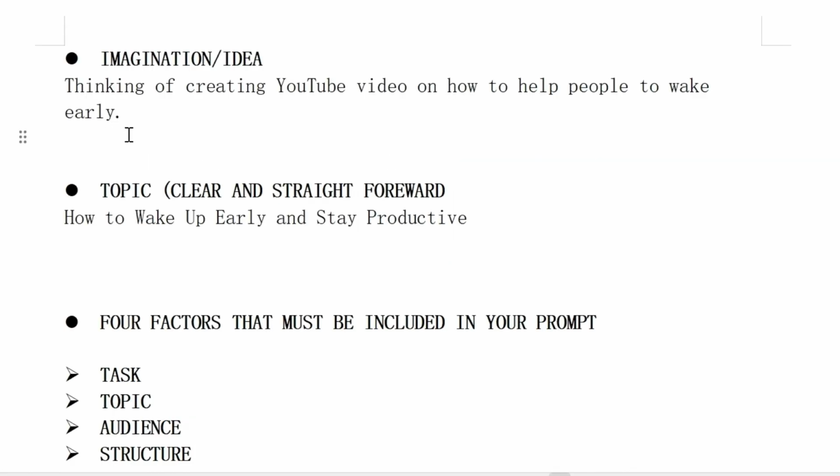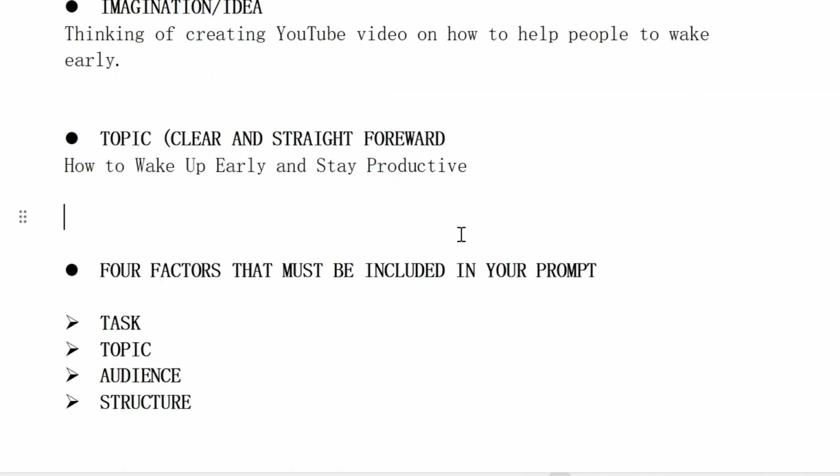From this idea, I derived this topic, and I think it's perfect enough: How to wake up early and stay productive. As you can see, the topic is straightforward and easy to understand. And with this statement, stay productive, it will attract more viewers to your video.